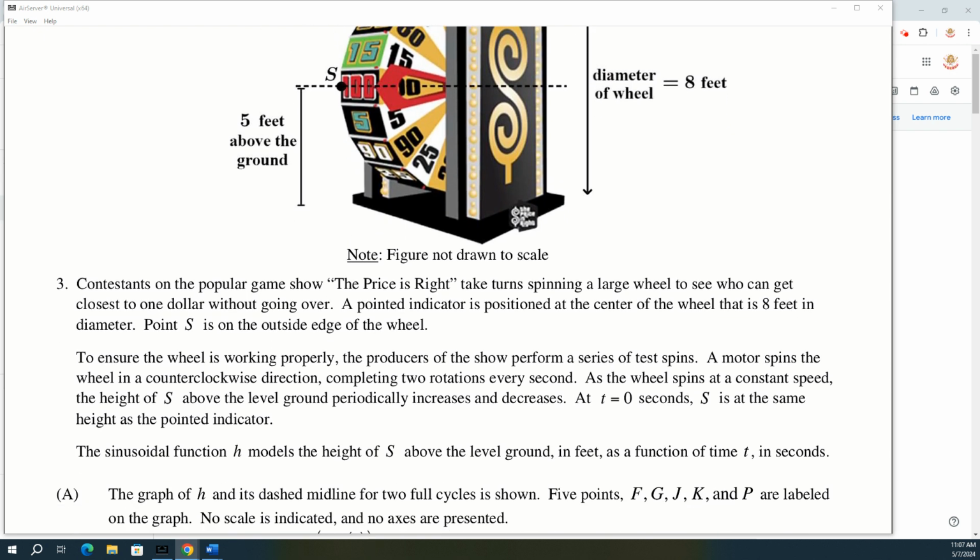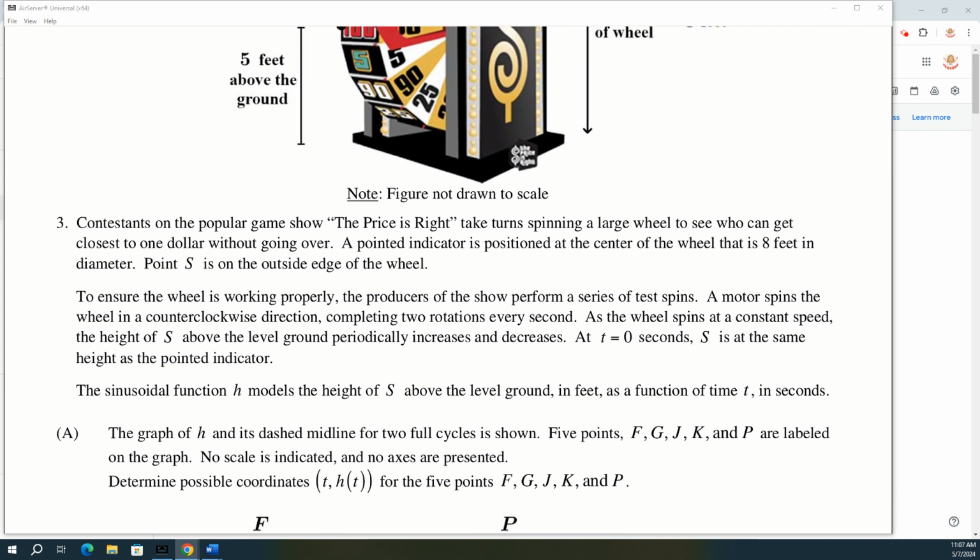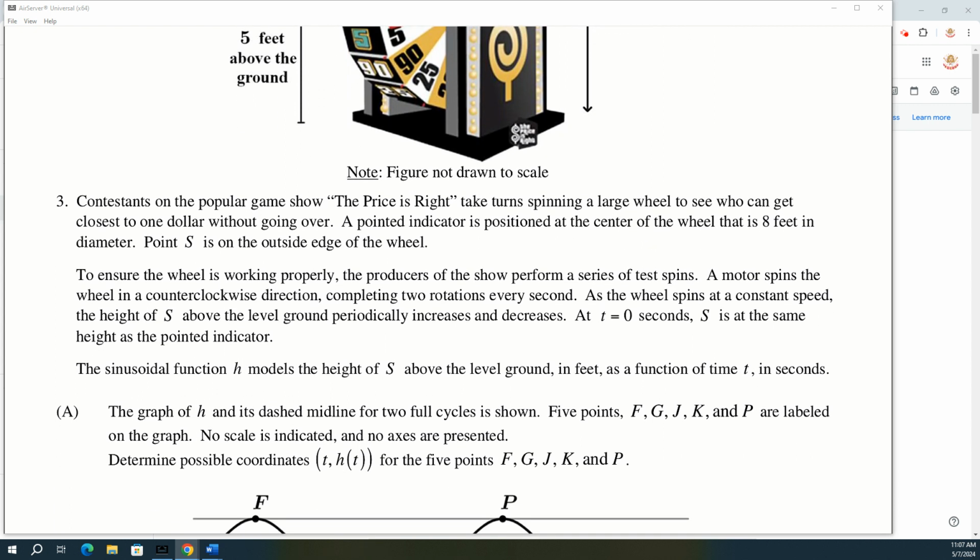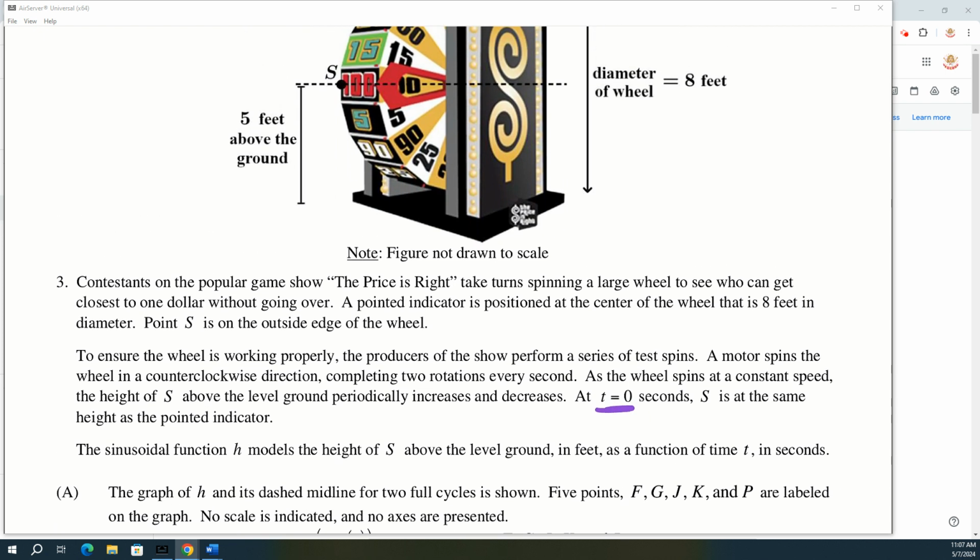Point S is on the outside edge of the wheel. All right, so they're doing test spins. As the wheel spins at a constant rate, the height of S above level ground periodically increases and decreases. We do know that at T equals 0, it's going to be right here.